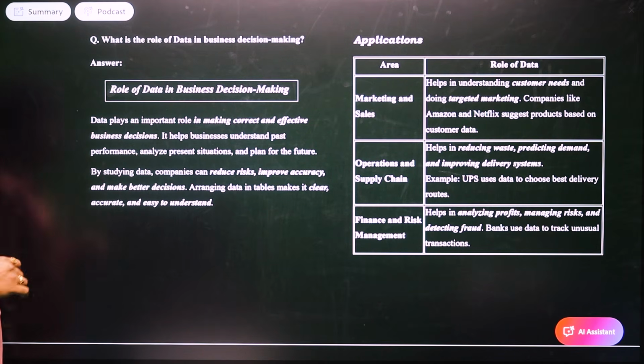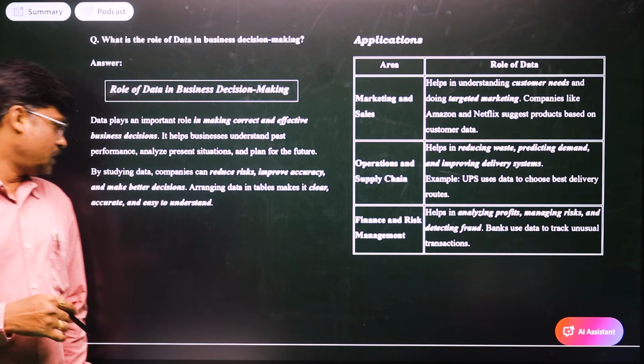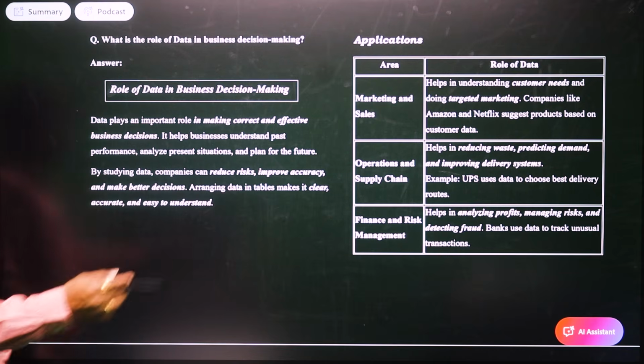By studying the data, companies can reduce risk, improve accuracy and make better decisions.